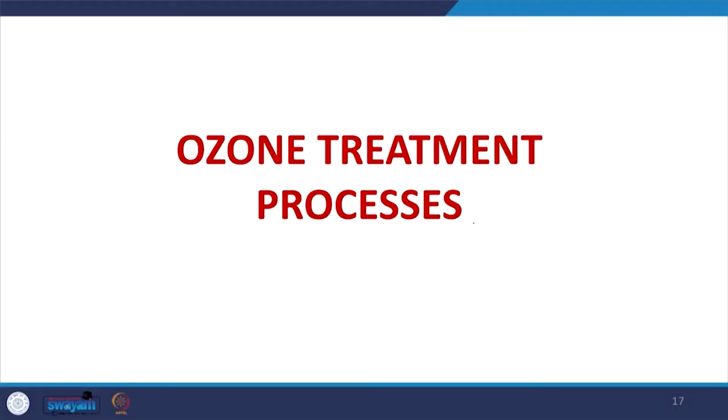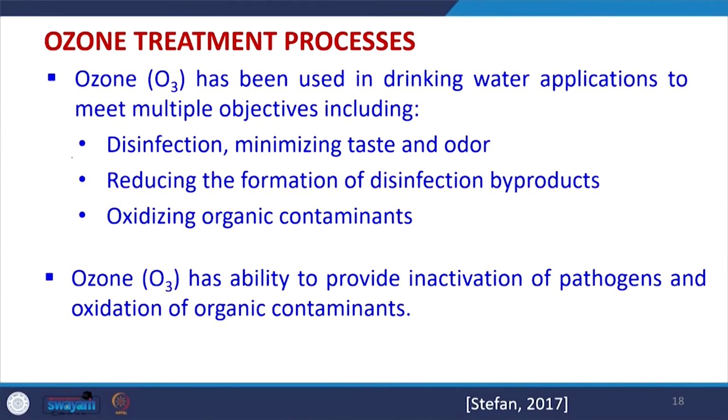Now, we will go further and study another AOP technique, which is called the ozone treatment process. In the ozone treatment process, ozone is used in drinking water applications to meet multiple objectives. So, ozone can be used in various ways. It can be used for disinfection and for minimizing taste and odor.